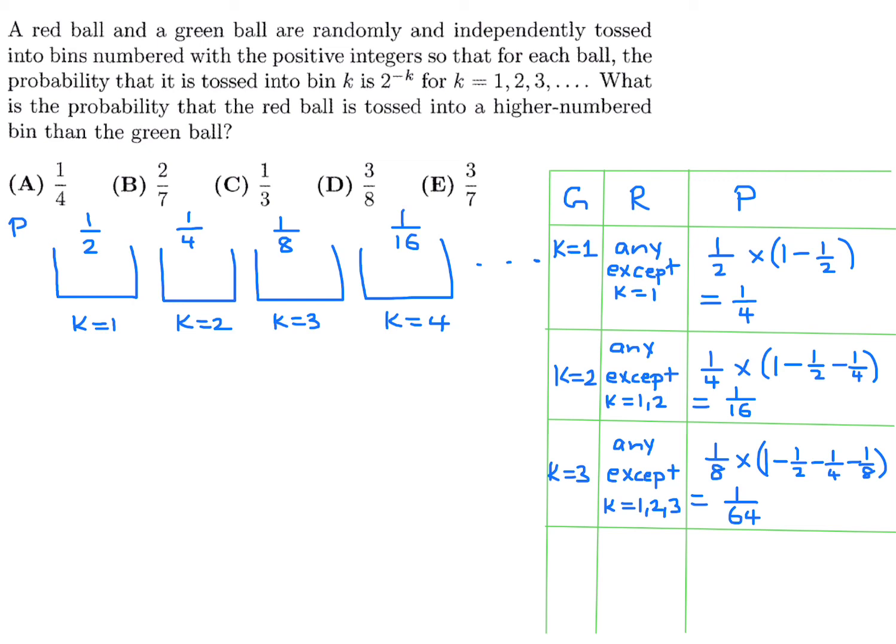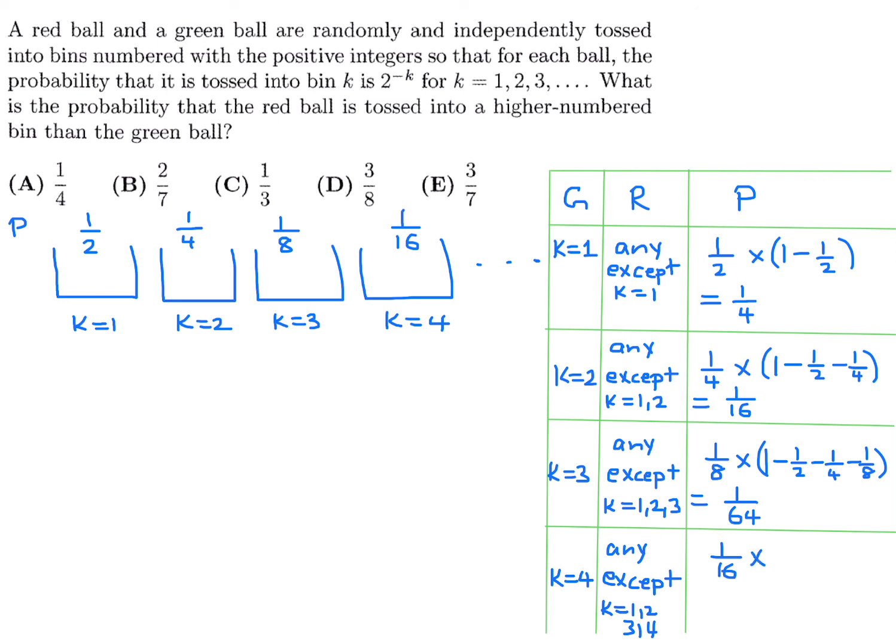Okay, some of you probably have the pattern figured out, but in case you don't, we'll just do one more. If it goes into K equals 4, the green one, then R has to go into any, but it cannot go into K equals 1, 2, 3, or 4. All right, so that means probability that G goes into K equals 4 is 1 over 16.